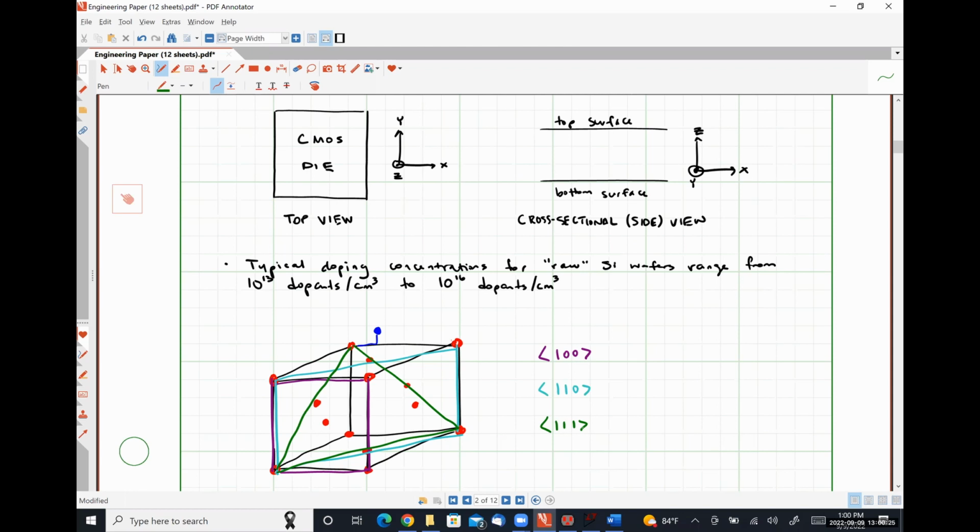Okay. So in these P-type wafers, so let me write this down here.